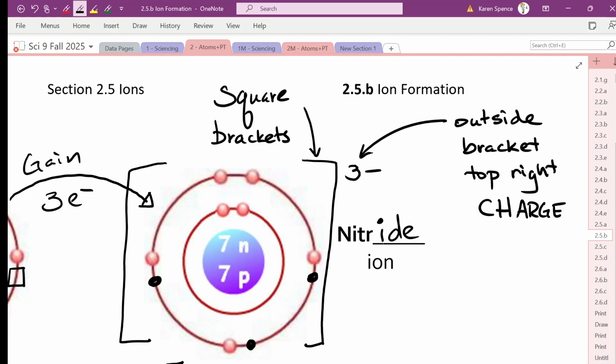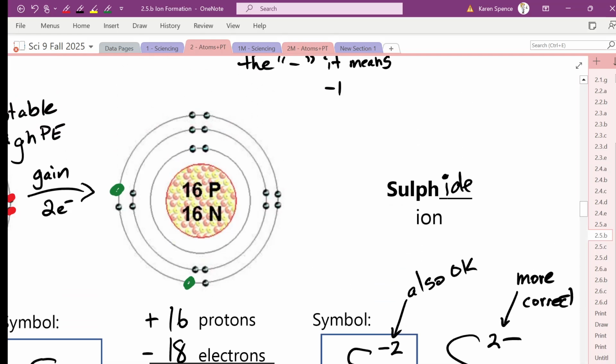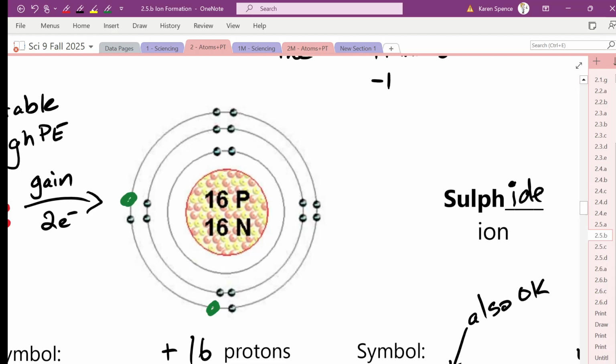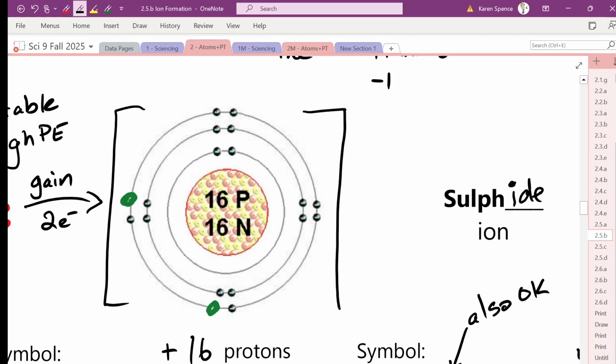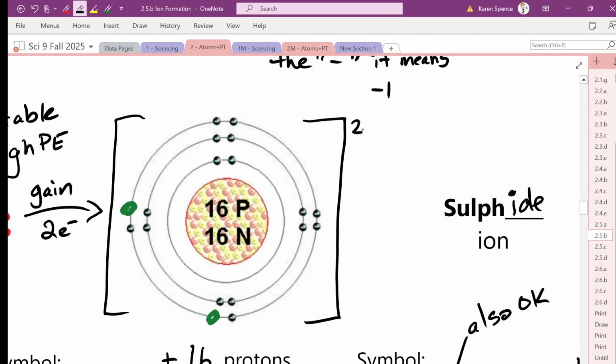So if you want to, you could go back to the previous page and fix the two Bohr models on the previous page. Let's go do that. What would we have to do with this sulfide ion? Square brackets. And it has a 2 minus charge, so we're going to put outside the bracket at the top right, 2 minus.